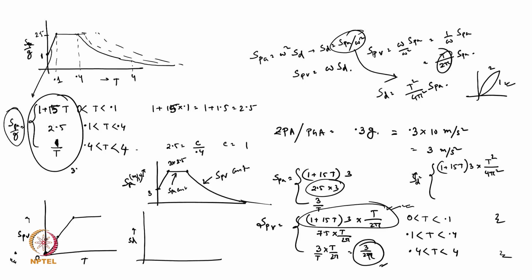So at 0, what will be the value? 0. So this will also start from 0. Now you can also see 7.5 into t square by 4 pi square.